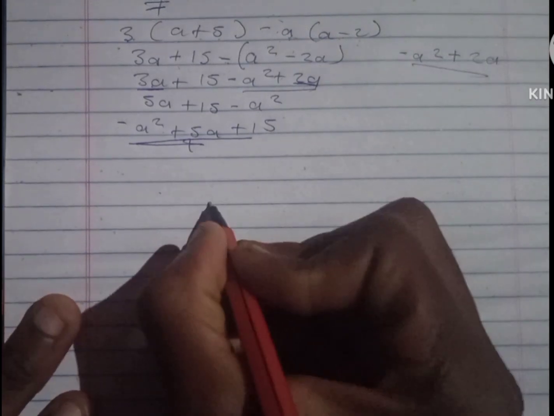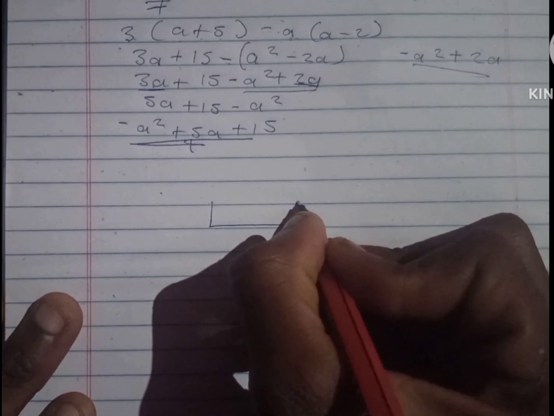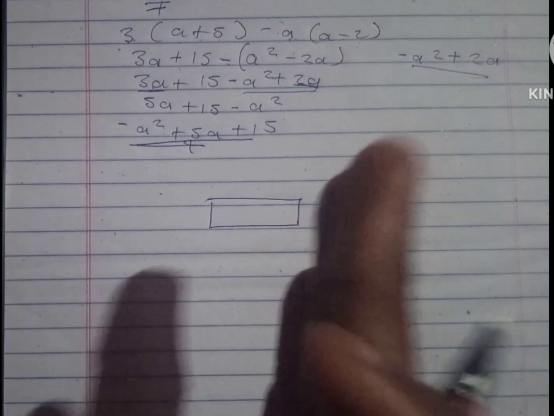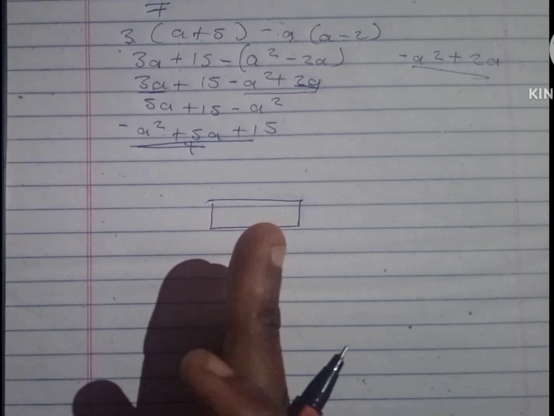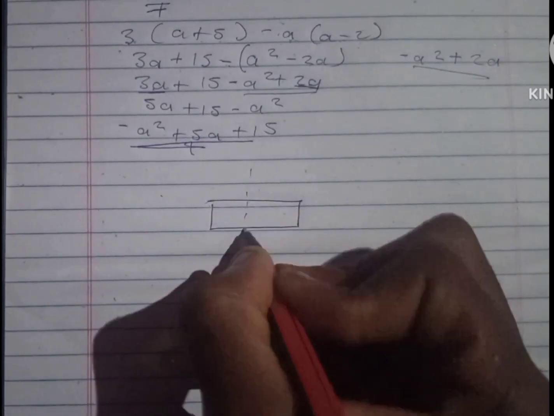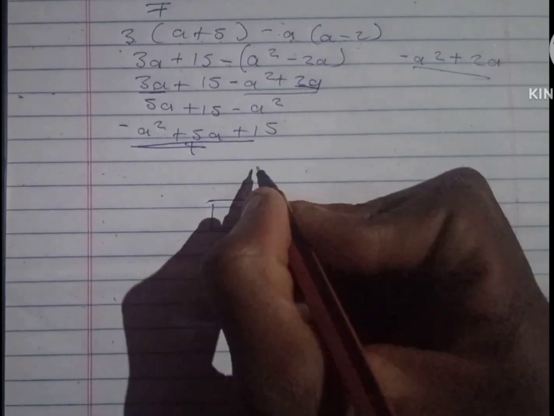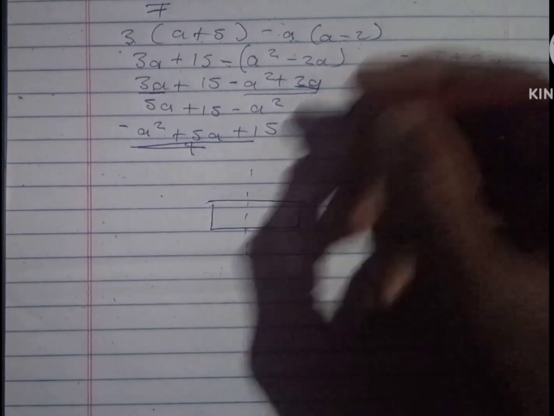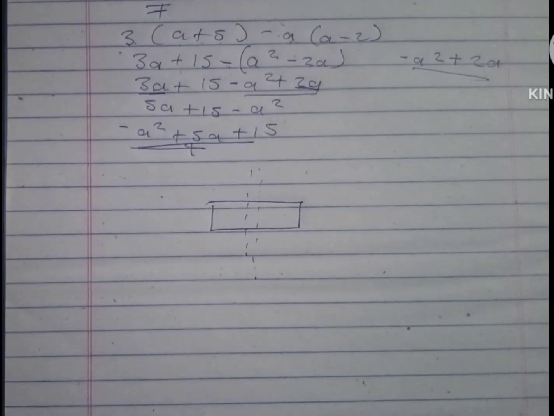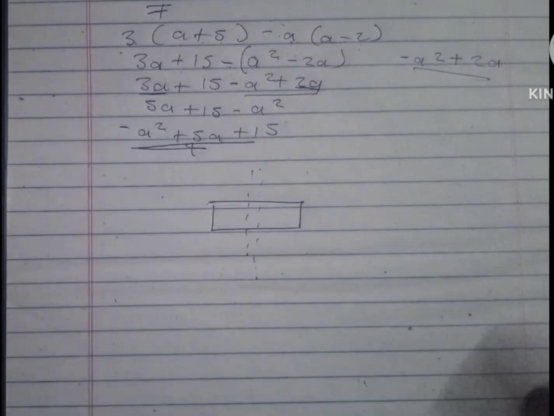So for example, I have a rectangle. So how many ways can I cut the rectangle in such a way that if I cut it, the two shapes that I'm going to have, they are going to be of the same? So I can cut this rectangle here. Sorry, I haven't drawn it properly, but I wanted to draw it at the middle, but since I'm using freehand, that's why it went this side.